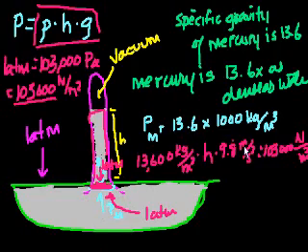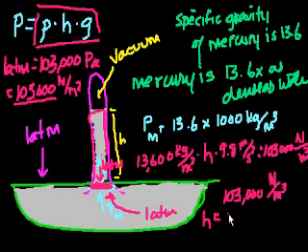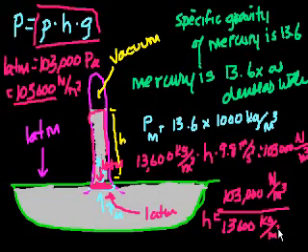So let's see. If we divide both sides, well, we could just do all of the math. If we divide both sides by 13,600 times 9.8, we get the height is equal to 103,000 newtons per meter squared over 13,600 kilograms per meter cubed times 9.8 meters per second squared.